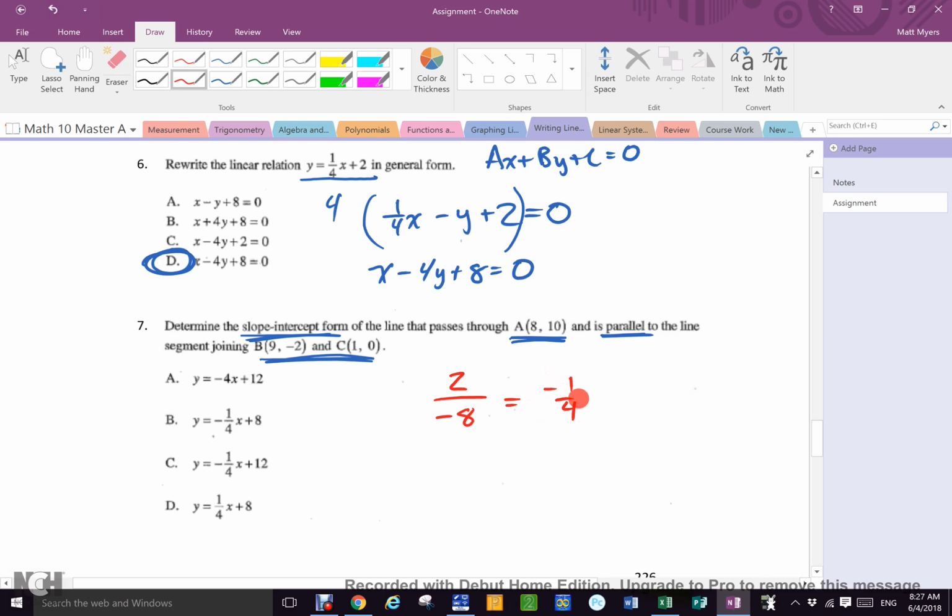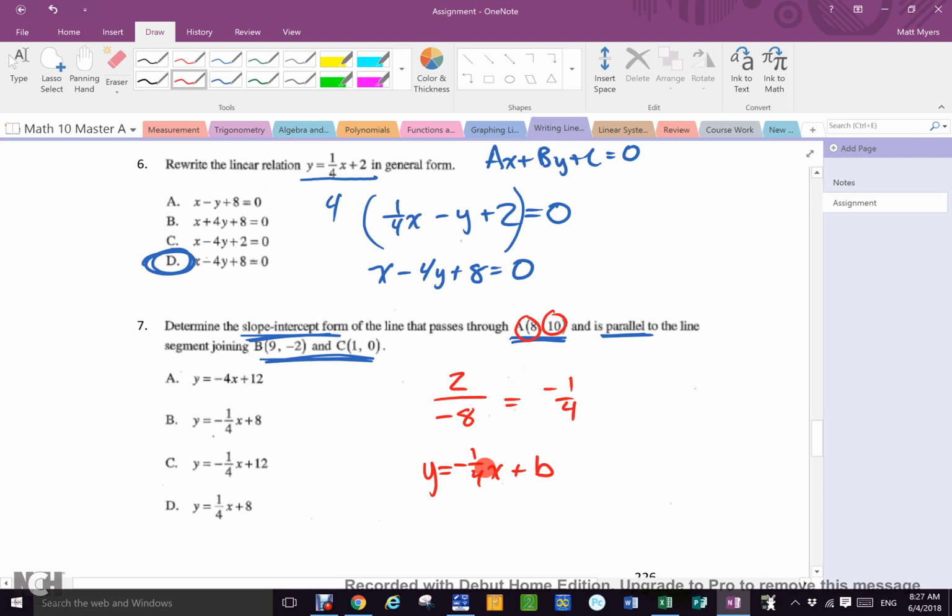Once I have the slope, y equals -1/4 x plus b, I can do one of 2 things. I can take this x and y and put them in here and find b, or I can use that x and y in point-slope form and manipulate point-slope form back to this.